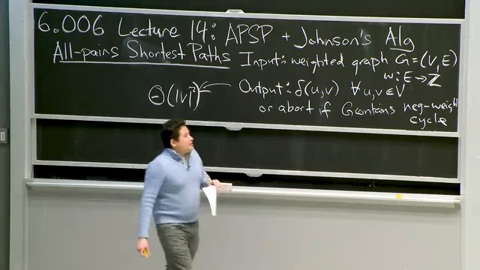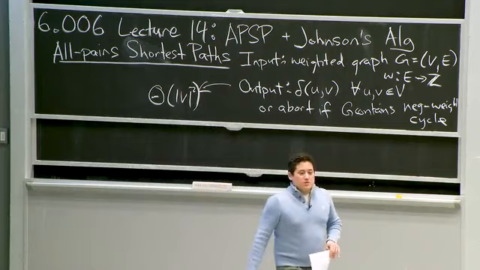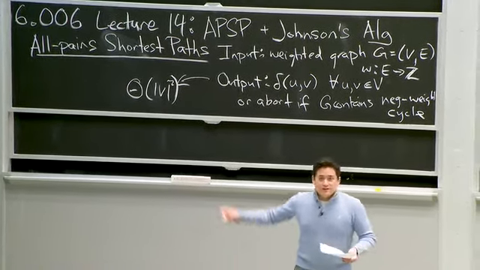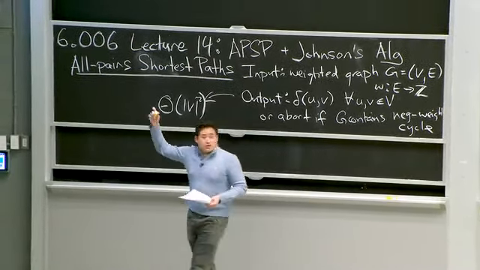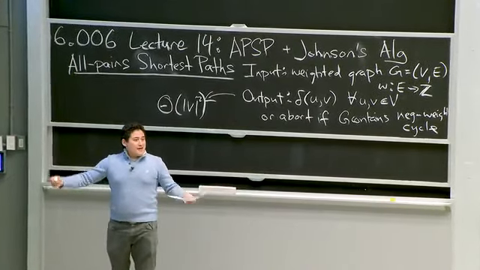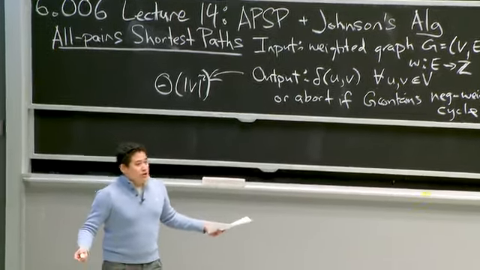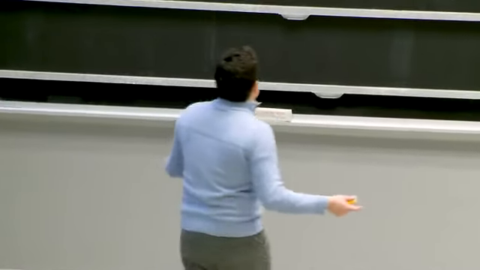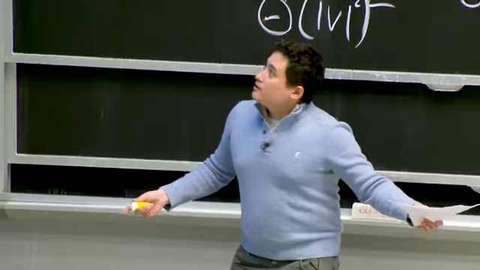And actually, what's one way we could solve all pairs shortest paths, by using stuff we've already done in this class? That's why I put this slide up here, right? Yeah, we could just run a single source shortest paths algorithm from every vertex in my graph. That seems like a stupid thing to do, right? It's almost brute force on the vertices, but it's certainly a way we could solve this problem in polynomial time, right?